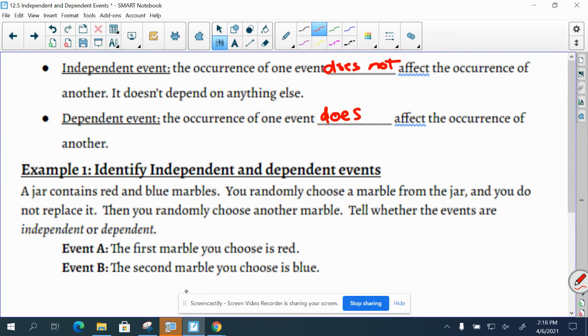So that means that if you have one less marble to choose from, event B is dependent on what you select in event A. And maybe you selected a blue marble first, and that means you would have less blue marbles. So this would be dependent. These would be two dependent events, because the outcome of the first one affects the outcome of the second one.